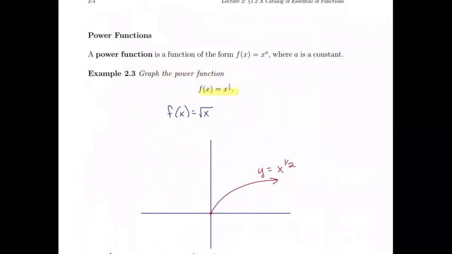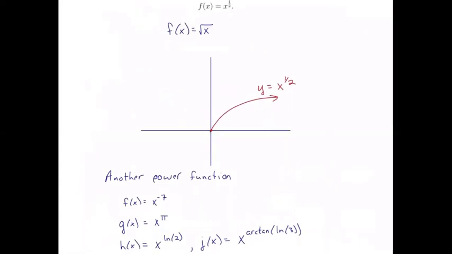We just recognize f of x equals x to the 1/2 as the square root of x. Remember that these two notations are interchangeable. If that was x to the 1/3, we would say the cube root of x, and so on for any other integer underneath 1 in this power. Now we just recognize the graph of this and can draw it immediately, or we might think it through and plot some points.